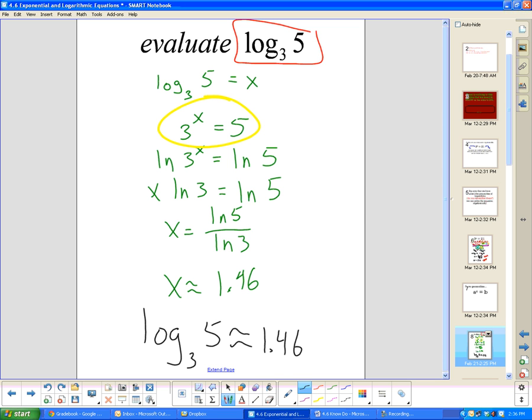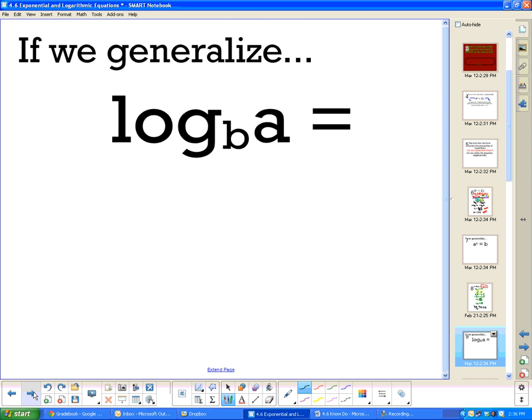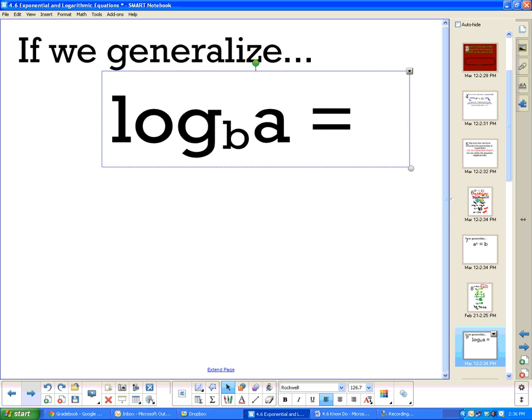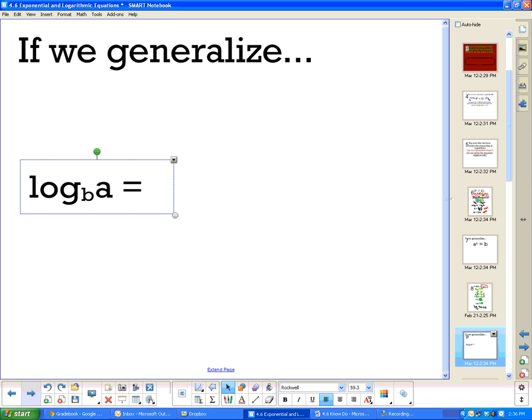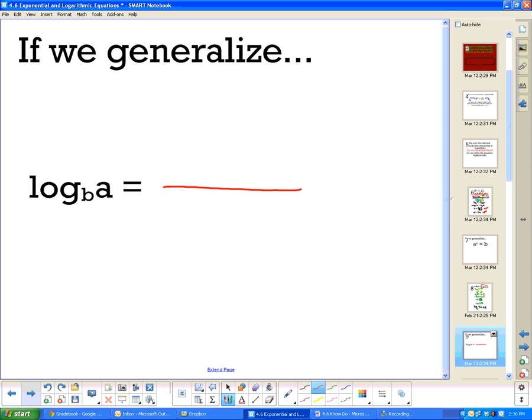And we can generalize those sort of statements, and instead of going through that step the whole time, we can generalize some of this into what we call the change of base formula. If I have a logarithm of any base b of some value a, I can create this change of base formula, and it would be logarithm base c of a over logarithm base c of b.